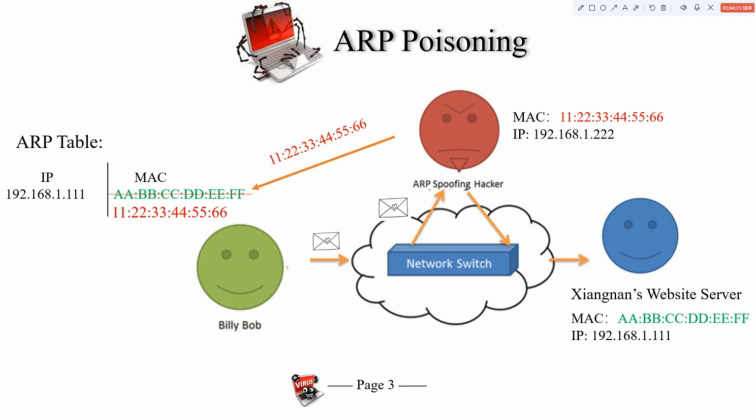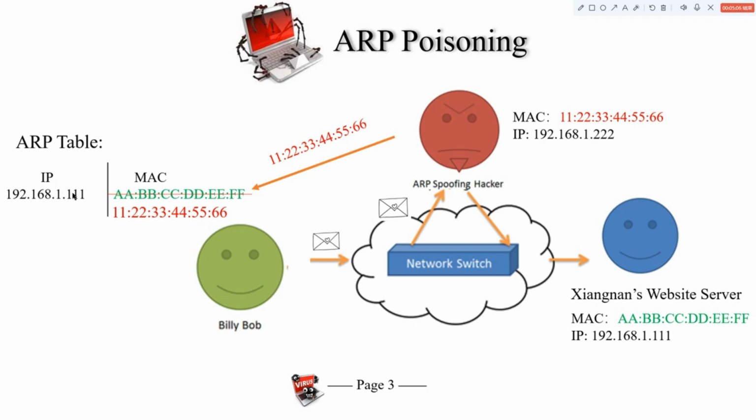But some of you may want to ask, how can the attacker change the ARP table here? That's a very good question. Before I explain that, you need to know how the ARP table is built. At the beginning, the user just has this IP address.